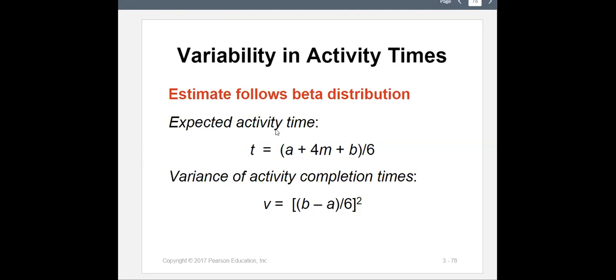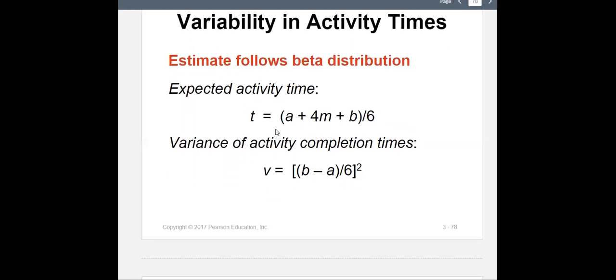That gives you the expected value of completing the activity time. You want to calculate variance, there's a formula for it too. V equals B minus A, highest minus lowest, divided by 6, squared. That's your variance. It's nothing difficult, it's just a formula. You just need to recognize from the question which one is A, which one is M, which one is B, substitute the numbers, and calculate T and V.